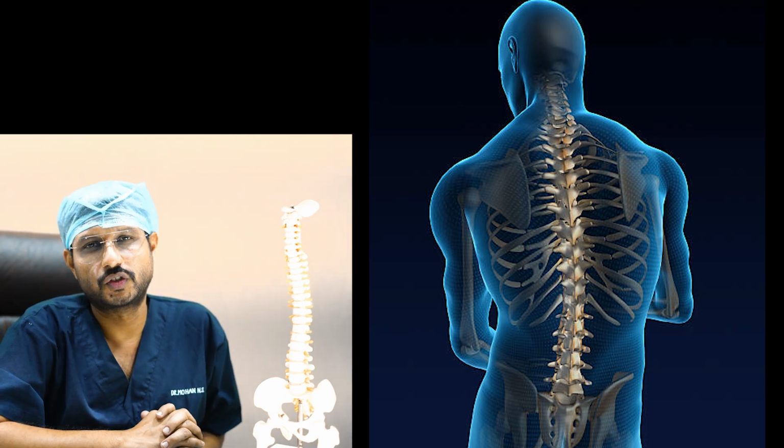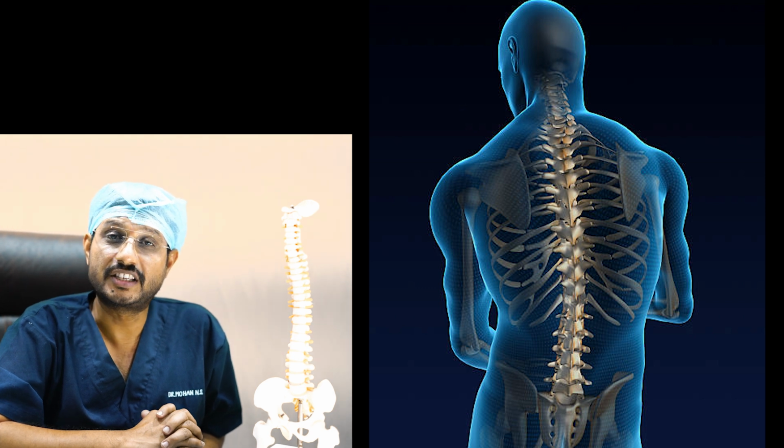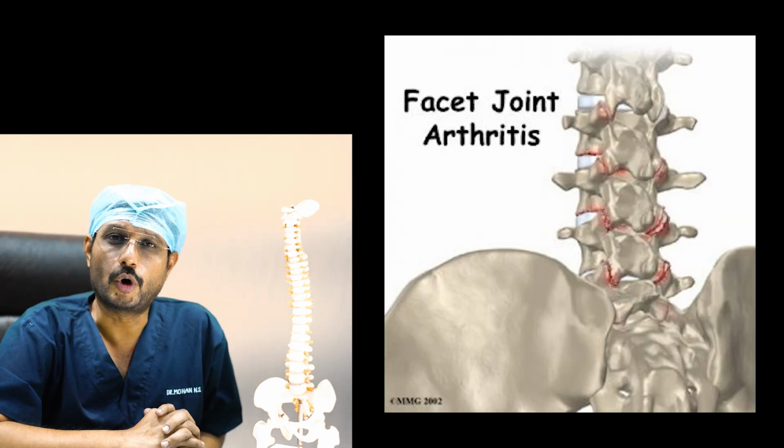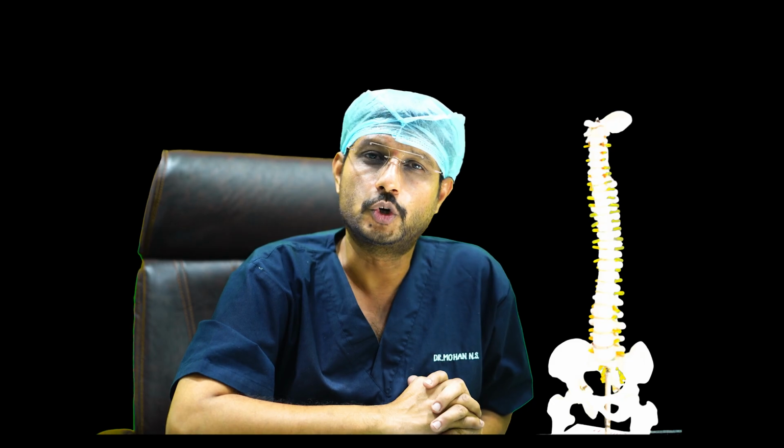Another most common cause for a backache is facet joint arthritis. Facet joints are the smaller joints present between the two bones of the back region. Any injury or wear and tear at this joint results in arthritis.